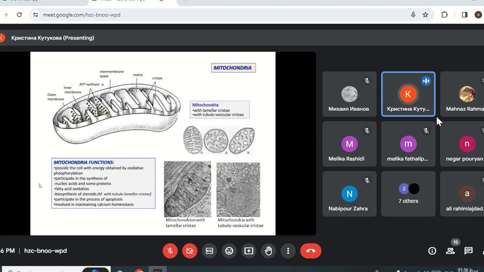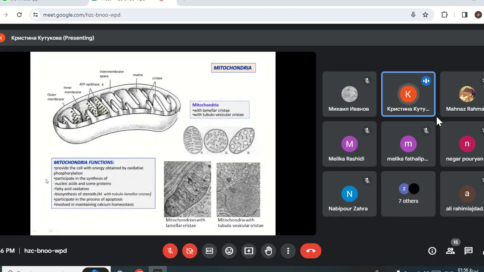And the second step of this process, oxidative phosphorylation, includes phosphorylation of ADP. It means that ADP plus phosphorus, as a result, we have ATP. So, as a result, the mitochondria produce ATP.